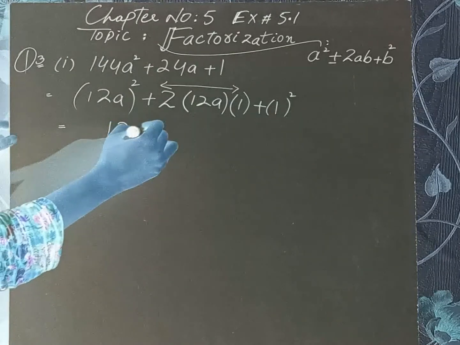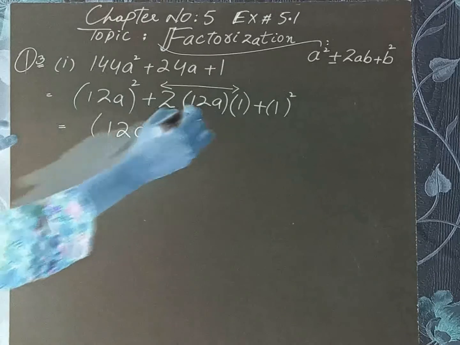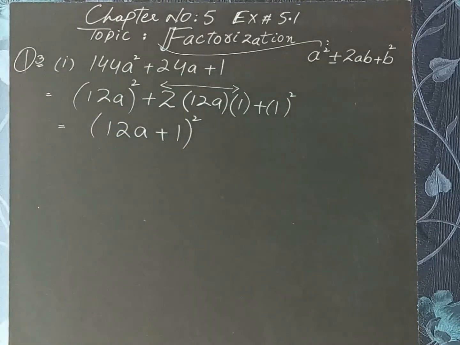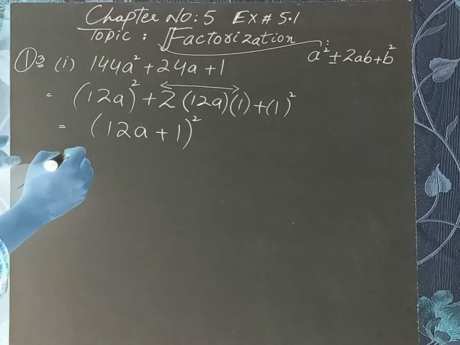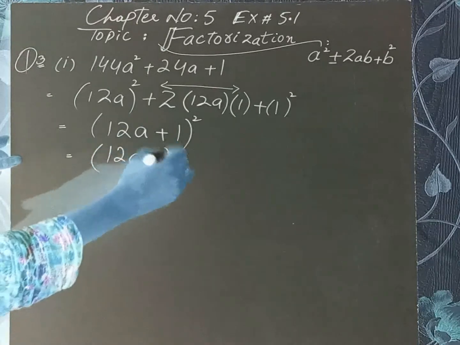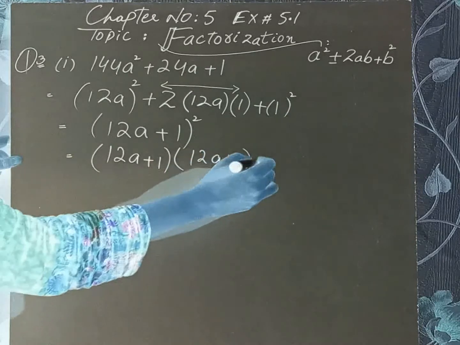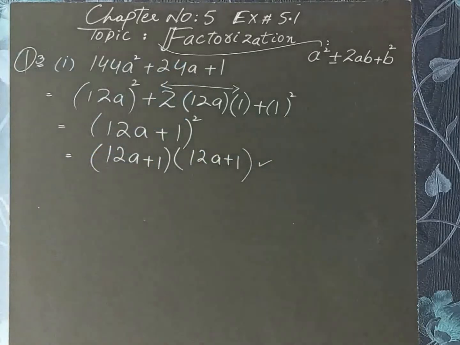So this is (12a plus 1) whole squared. You can also write this 2 times, in the form of a square. So here are the factors: if we want to write this 2 times, (12a plus 1) into (12a plus 1). These two are the factors of this given expression.